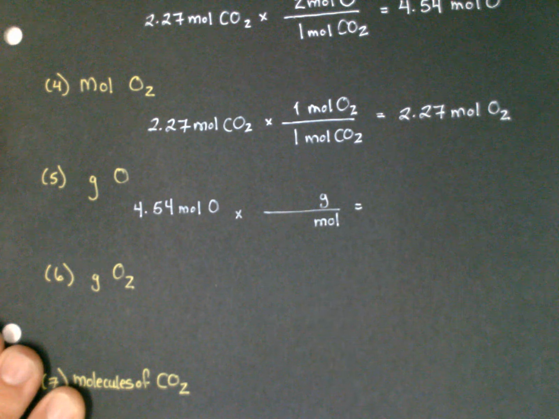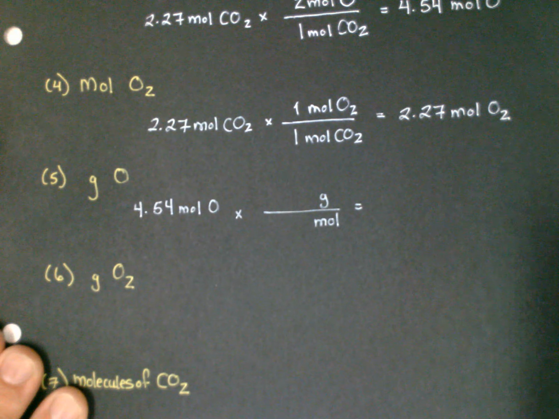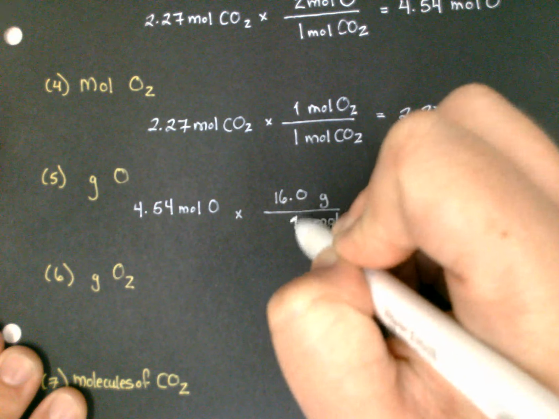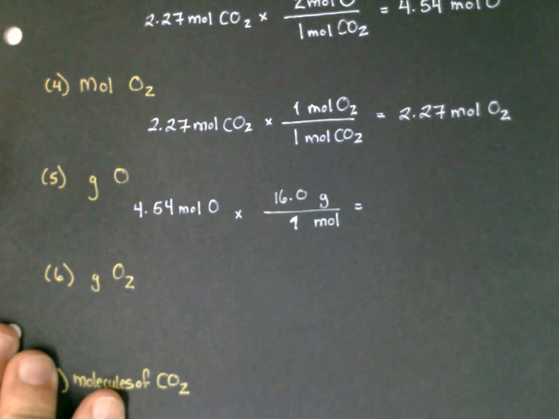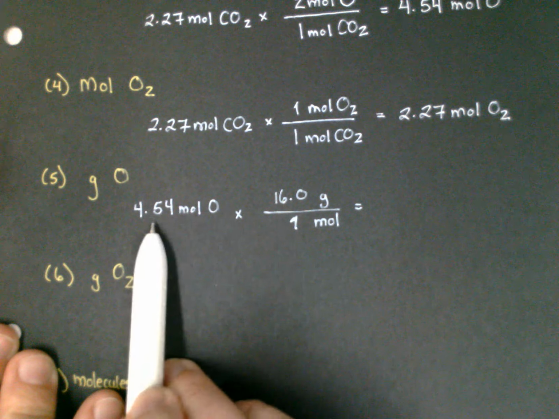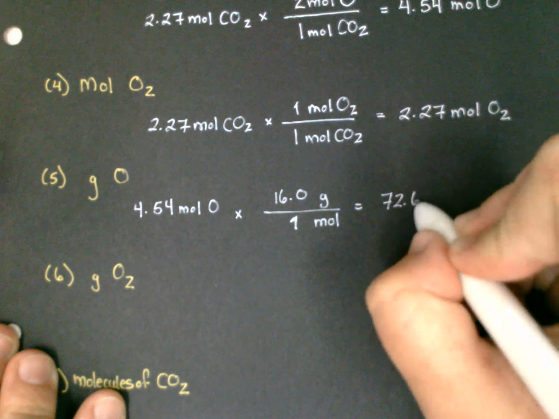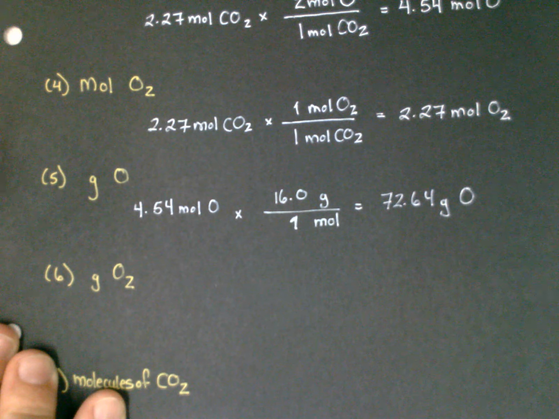We go to the periodic table, and we know that there are 16.0 grams per mole. That's the atomic weight of oxygen. If we multiply that 16 by 4.54, we get 72.64 grams of oxygen in our system.